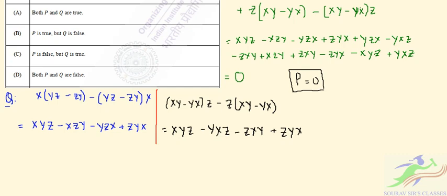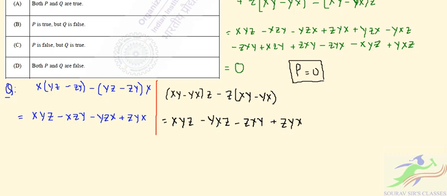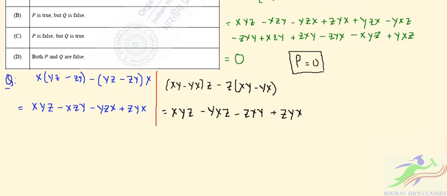Let us assume that these two are equal. Even so, after cancelling all the terms, we will have this equation left: yxz equal to zxy, which is not equal, right?